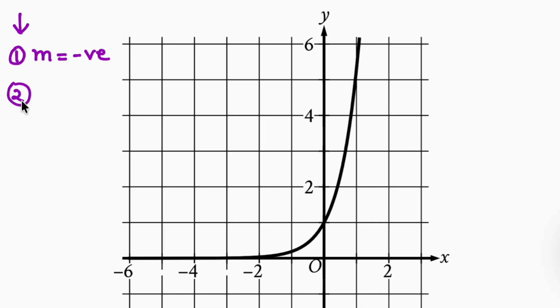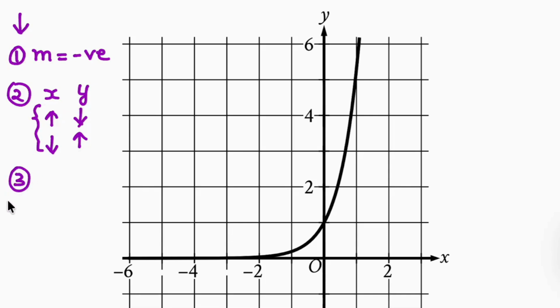Number two, in terms of coordinates, for example, if coordinate data is given in the form of x and y, if the values of x are increasing, the values of y are decreasing. And if the values of x are decreasing, the values of y are increasing. So both are going in opposite directions. Then also it is said to be a decreasing function.